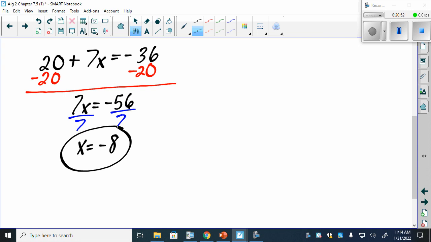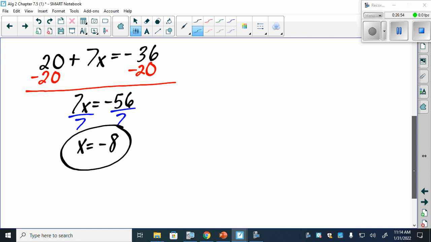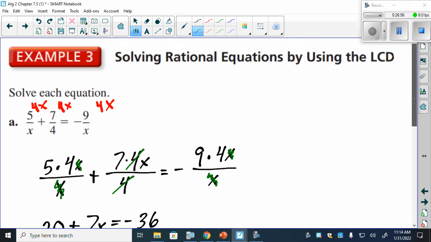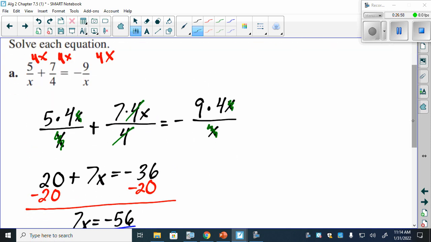Now, again, we didn't look at the restrictions. Where are the spots where we could have a denominator of 0? 5 over x and 9 over x, yes? Because the 7 over 4 doesn't have a variable in the denominator, so I can't make it 0.